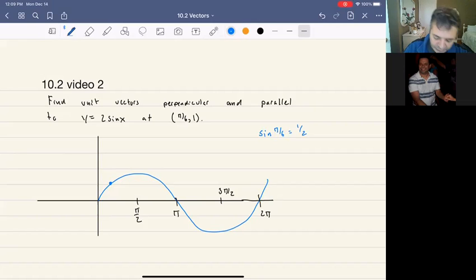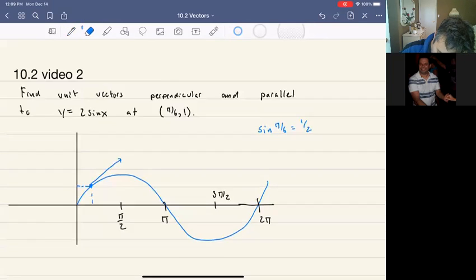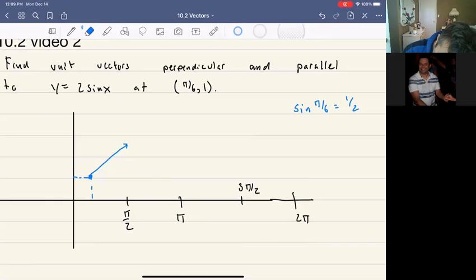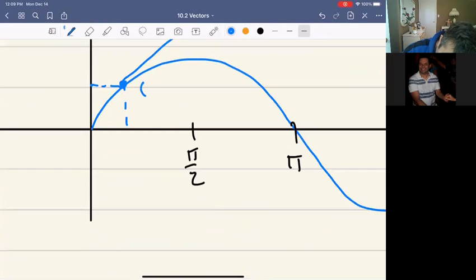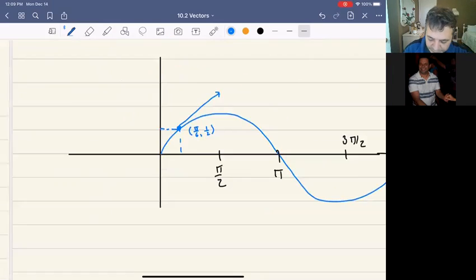Okay, so we're looking at what's going on at that point. This point is pi over 6 comma 1/2.